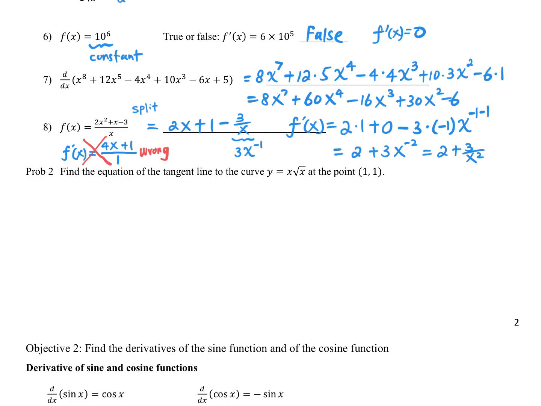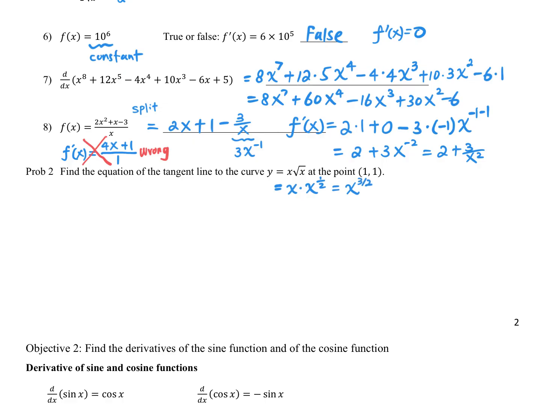So in order for us to find the equation of a line, we need the slope, and we already have the point. So therefore, we just focus on the slope, right? And slope means we need to find the derivative. We can rewrite this as x times x to the 1/2, which can be combined as x to the power 3/2.